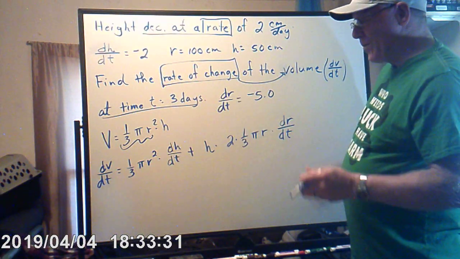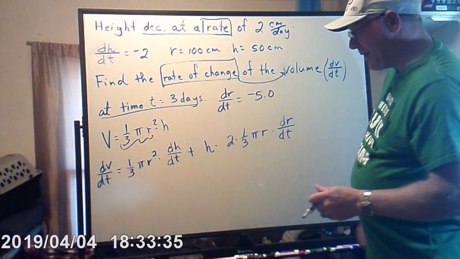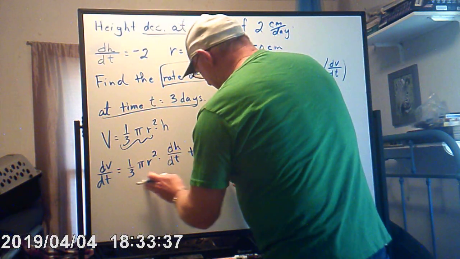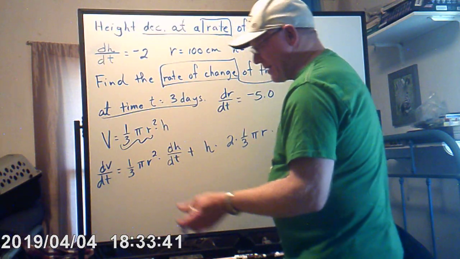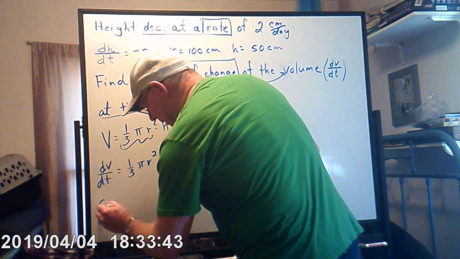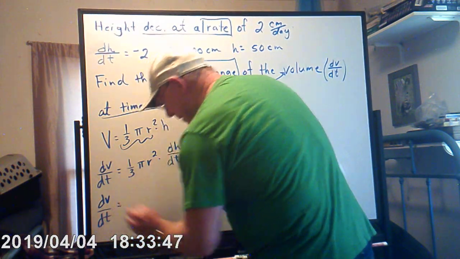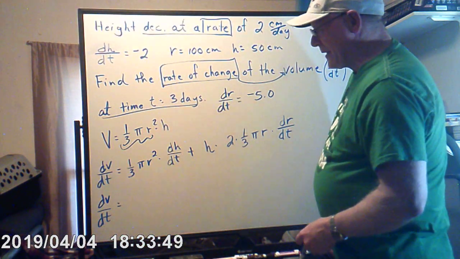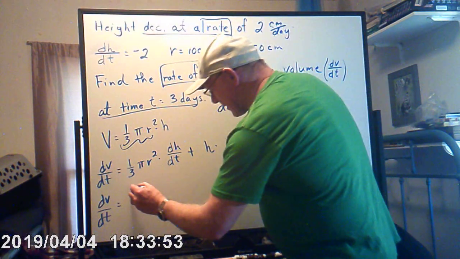So now we can find everything because we have everything here. This is the only way this can be done, and you can set this up probably any way like that in most problems. All right, so let's go ahead and deal with this. R is 100.